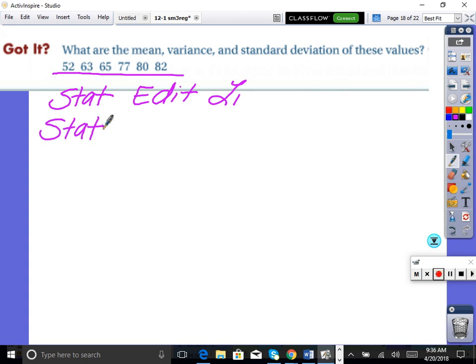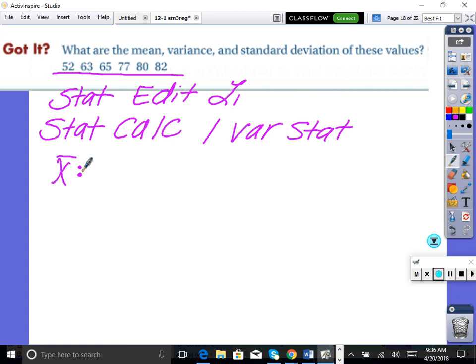Once you have done that, you'll hit Stat, go over to Calculate, just like we did last time, and then the one variable statistics. Hit Enter, just like we did last time. There's nothing different. So it gives you X bar, which is our mean, which is our average, which is what it asked us. We need that. What's our average of this data set?